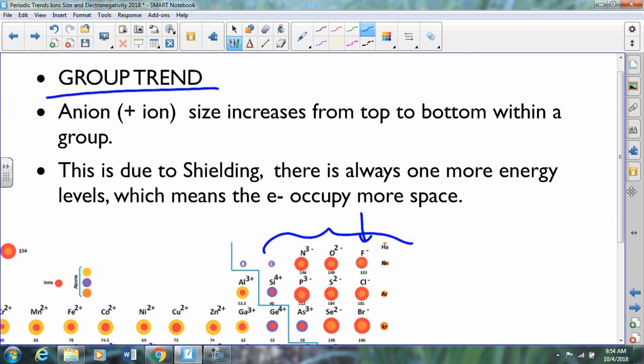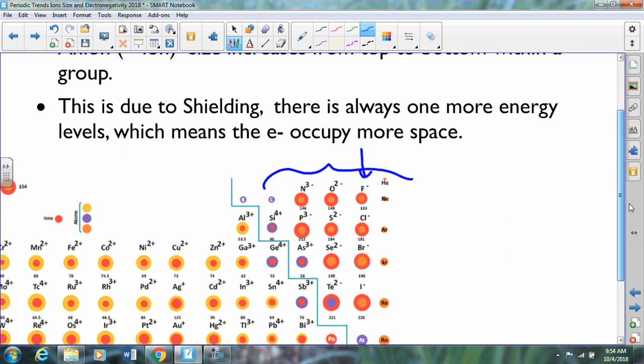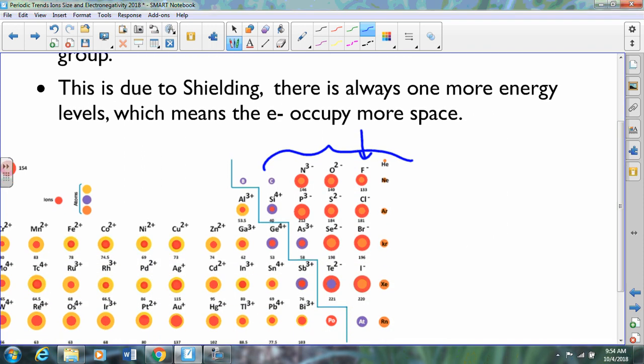So, below fluorine is chlorine. It got bigger. Below that is bromine. It got bigger. Below that is iodine. It got bigger. And so we notice that anytime we're going from top to bottom, we always have one more energy level. So it's always going to take up more space or have a larger volume.